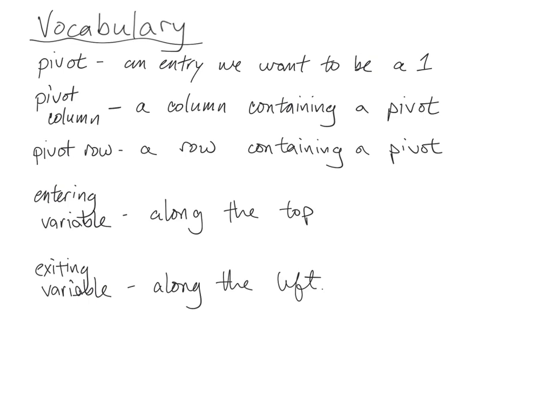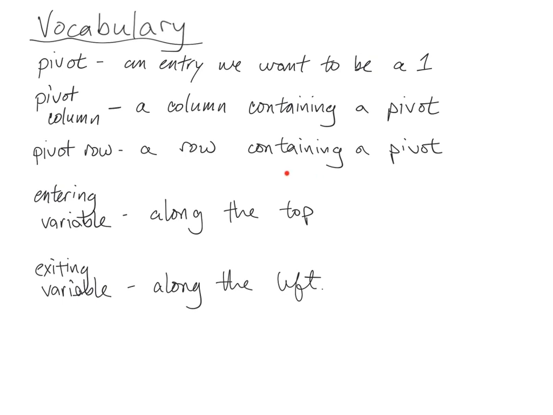Pivot. A pivot is an entry we want to be a 1. And oddly enough, a pivot column is a column containing a pivot, and a pivot row is a row containing a pivot. So it'll start out as a number, normally close to 100% of the time not a 1, and we will want to change it into a 1.